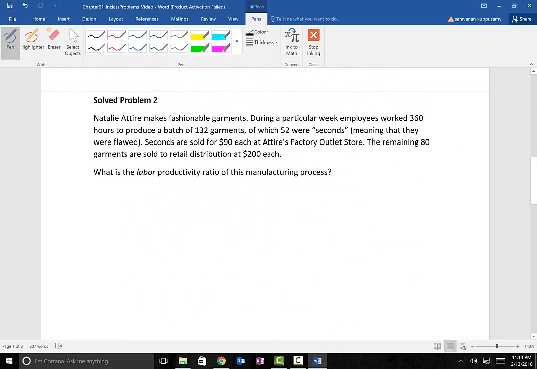If you want to read the problem, maybe this is a good time for you to pause the video. Then once you read the problem, you can play it back on. So in this problem, we have, again, similar thing. You have to calculate the output.